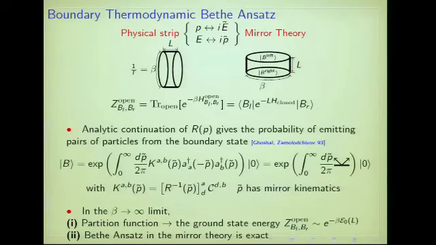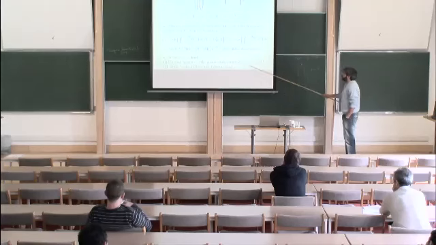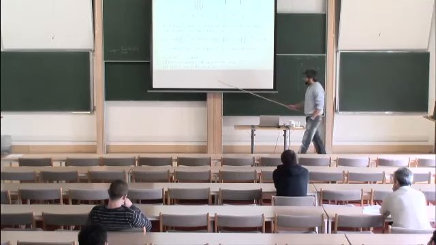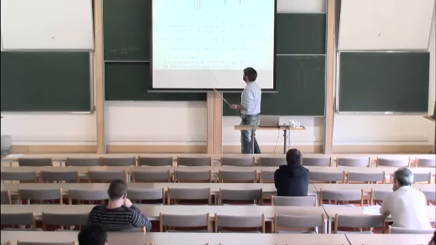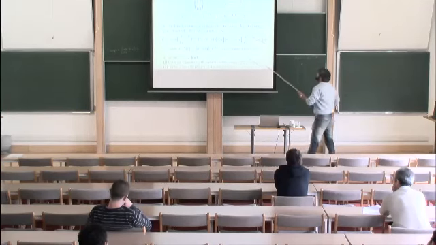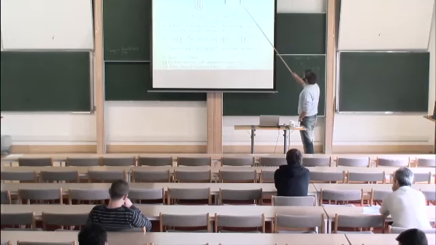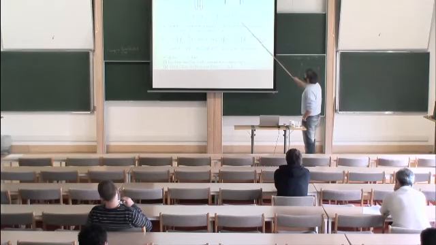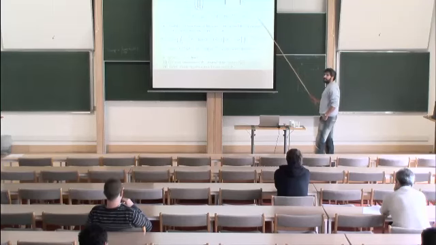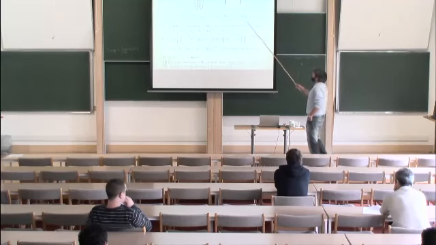So on the one hand, if we just take the temperature, I mean beta, to the infinity limit, this is going to be dominated by the energy of the ground state, which is what we would like to compute. But this is also simplified in the mirror theory, because if we wanted to compute this for finite values of beta, we would again need to know the eigenstates of this Hamiltonian, and we would face a similar problem because this is a finite size system.